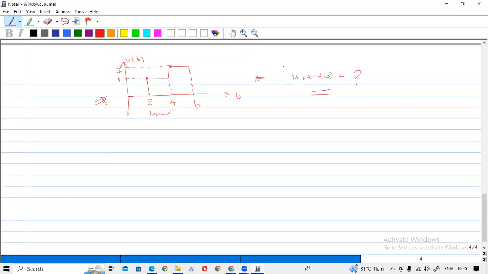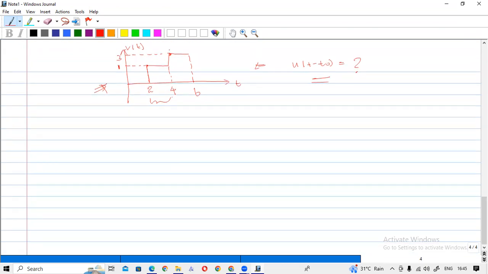Now I think you can understand how we can use the unit step function to represent this kind of signals.